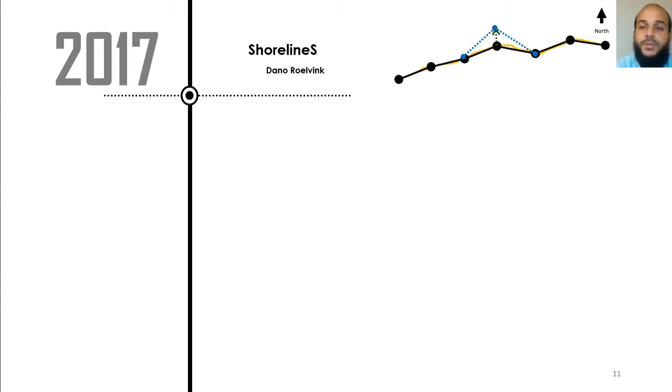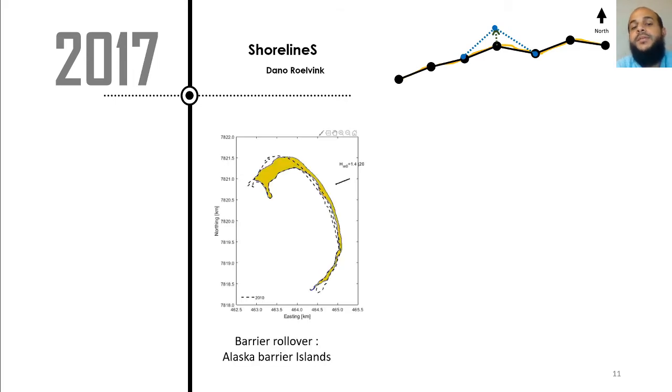Using this free grid, we can simulate different processes. For example, barrier rollover can be simulated, like this example from an Alaska barrier island. As we can see here, the barrier rollover is managed to be simulated in the model.